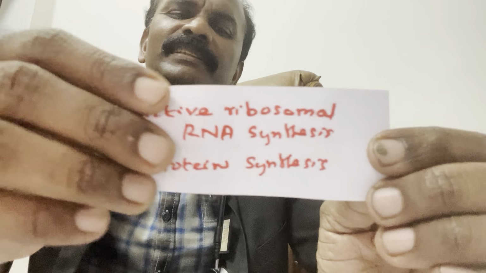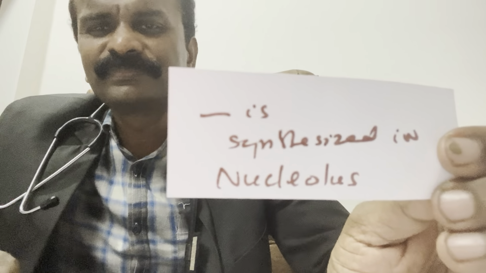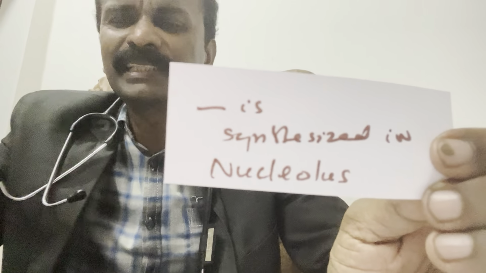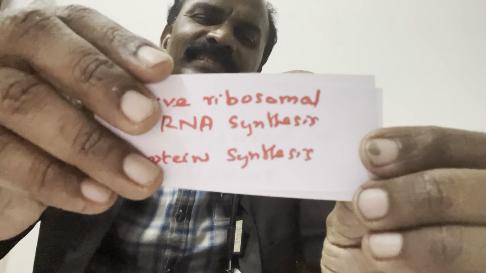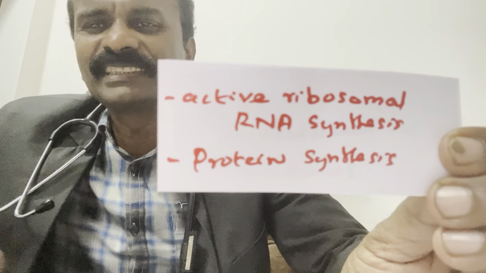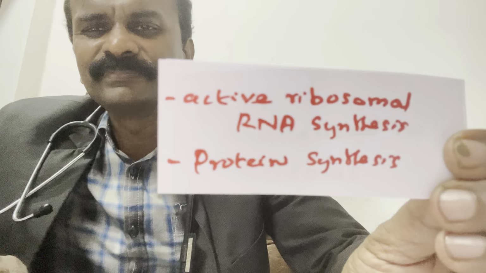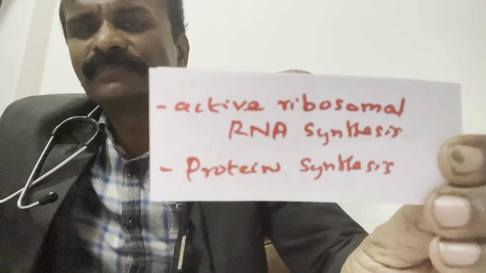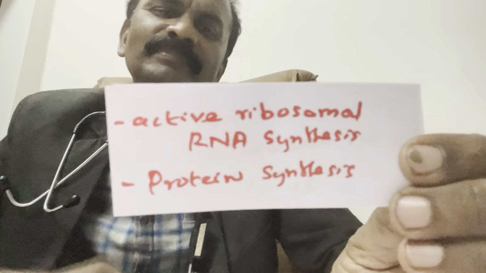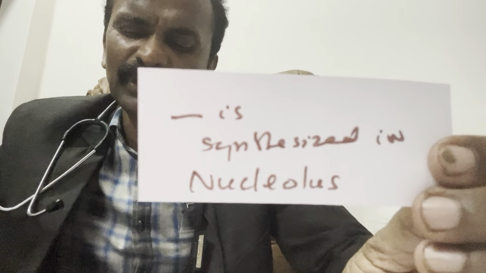Your textbook says nucleolus. They'll not ask like that. They'll ask like this: site of protein synthesis. Nucleolus. Or they can ask like this: dash is synthesized in the nucleus.